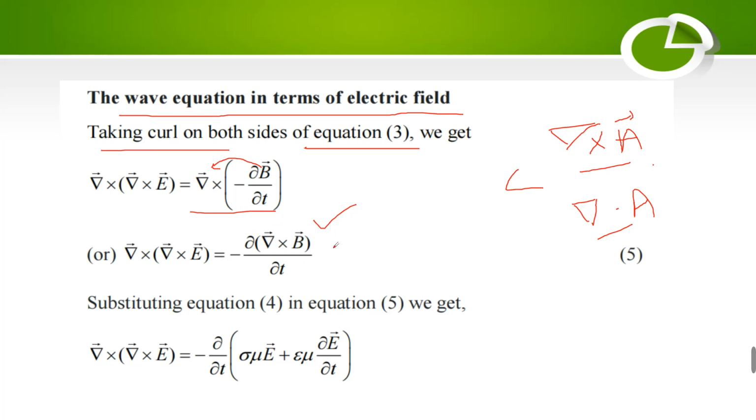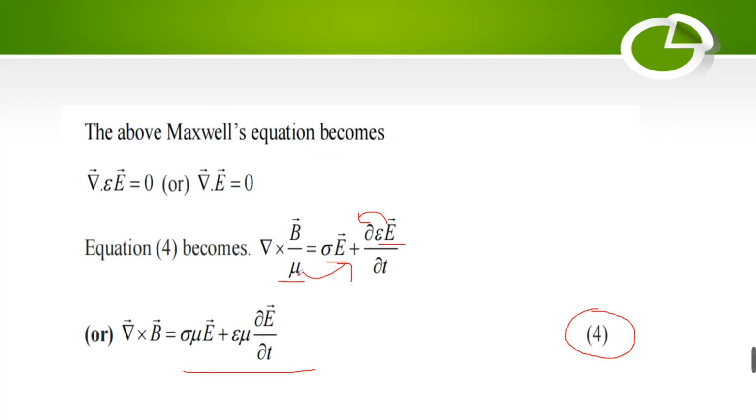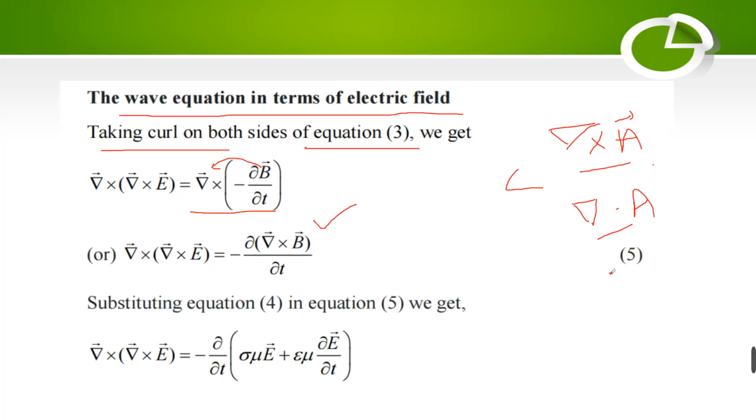We have derived this in equation 4: sigma mu E vector plus epsilon mu dou E by dou t. This equation we are going to substitute in equation 5. So del cross E vector is equal to minus dou by dou t of sigma mu E vector plus epsilon mu dou E by dou t.